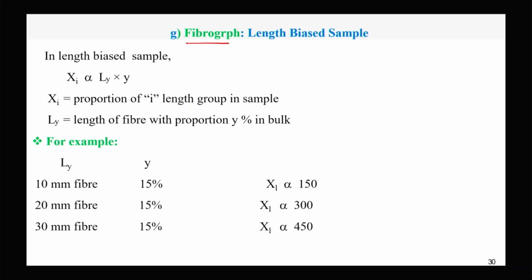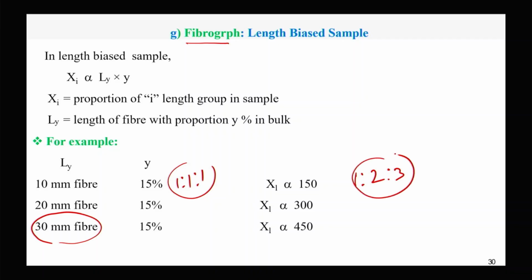Like, let us take the example of 3 different fiber lengths of equal proportion, 1:1:1, all 3 are of 15%, but here as the longer fibers are selected preferentially, so it will become 1:2:3 proportion. In this proportion we will select the fibers.